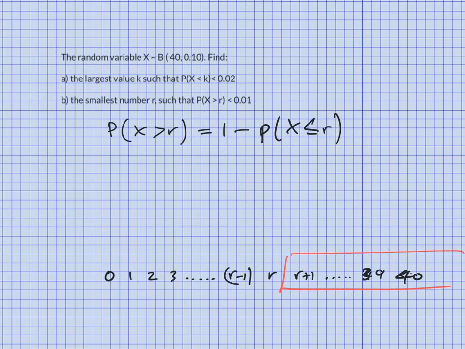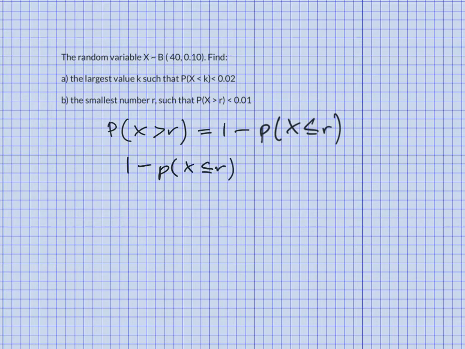So the bit where it's less than or equal to r is what we want. So therefore, 1 minus the probability that x is less than or equal to r must be smaller than 0.01. Rearranging, I get the probability that x is less than or equal to r must be greater than 0.99.